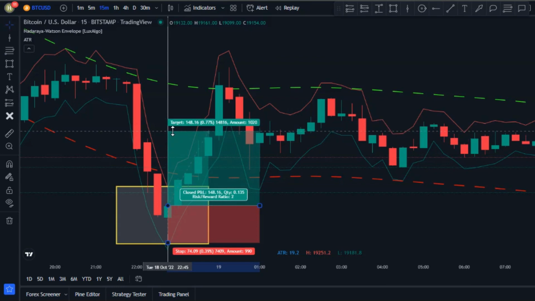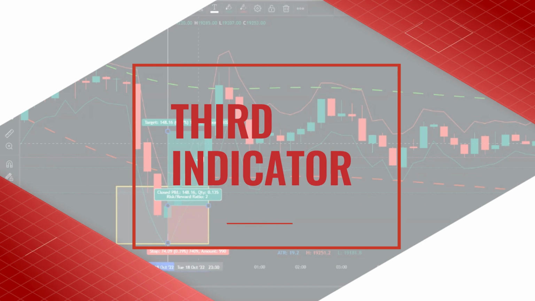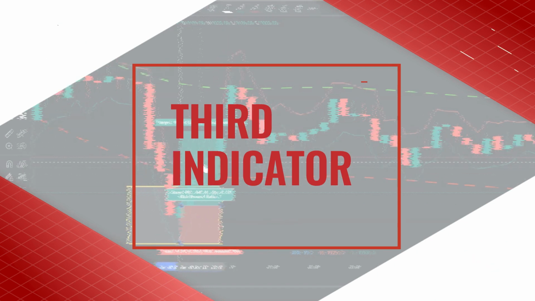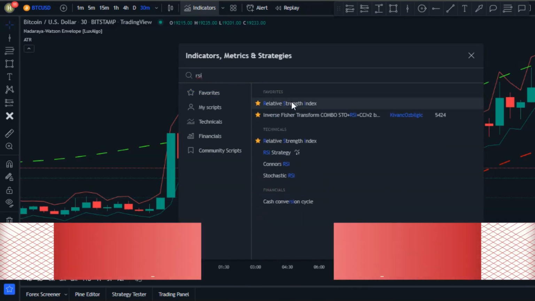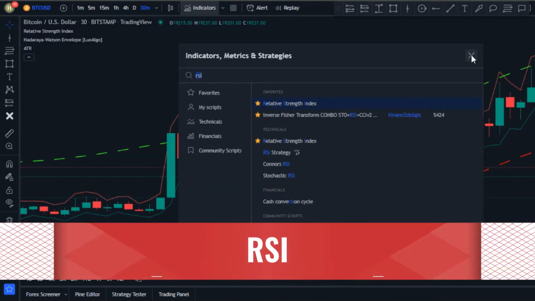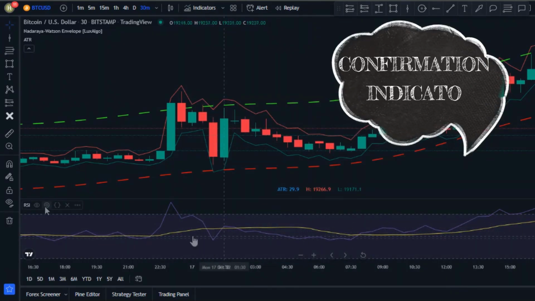And to make this a strategy, the best strategy that you've ever traded with, I'm going to add the third indicator to the chart. Therefore, in the indicator section, search for RSI or Relative Strength Index, this one, and add it to your chart. We're going to use the RSI for our confirmation indicator.